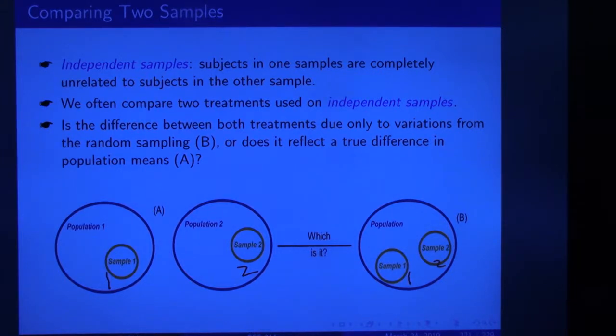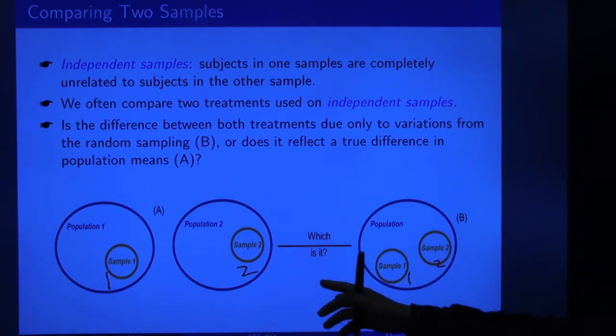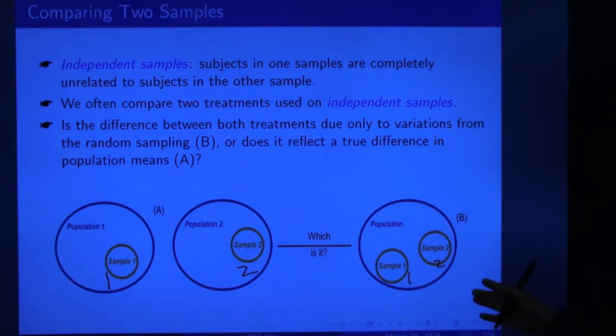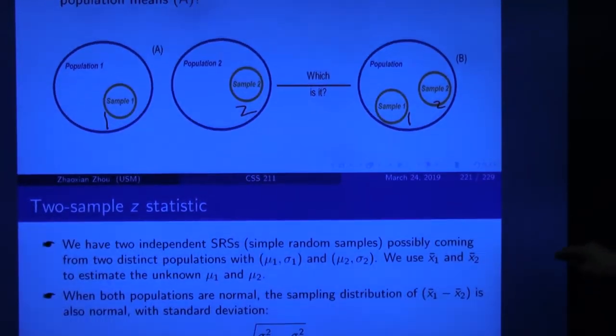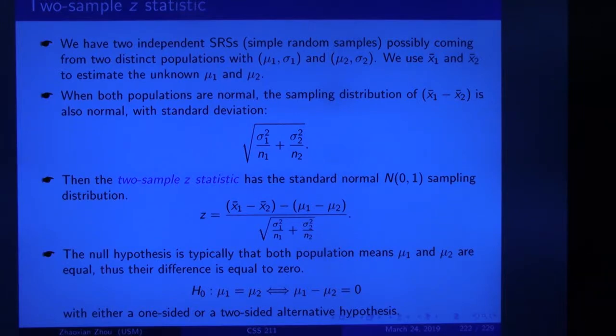To answer this question, whether the two samples are from different populations or from the same population, we are going to use a two-sample z-test. Here we have two independent simple random samples, possibly coming from two distinct populations.